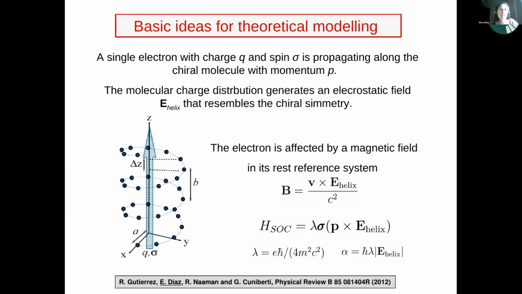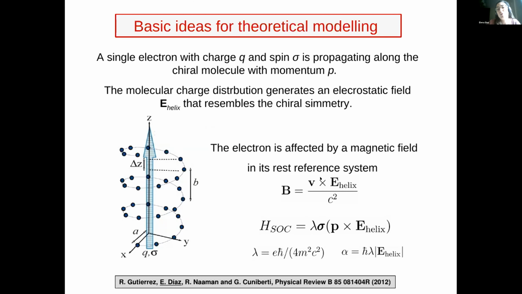So basically, the idea for theoretical modeling, as Ron mentioned already, is that we have a single electron with a particular spin state propagating along the chiral molecule with a momentum p or velocity v. And another ingredient which is typically included in models is that because we have a chiral atomic distribution, we have a chiral charge distribution in the molecule, and at the end we will have a molecular electric field that resembles that chiral symmetry.